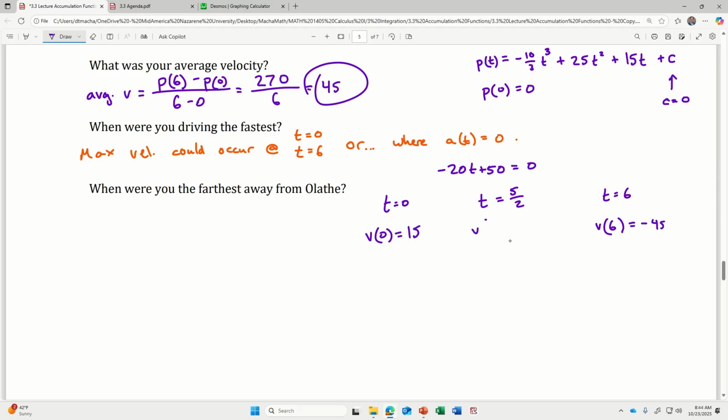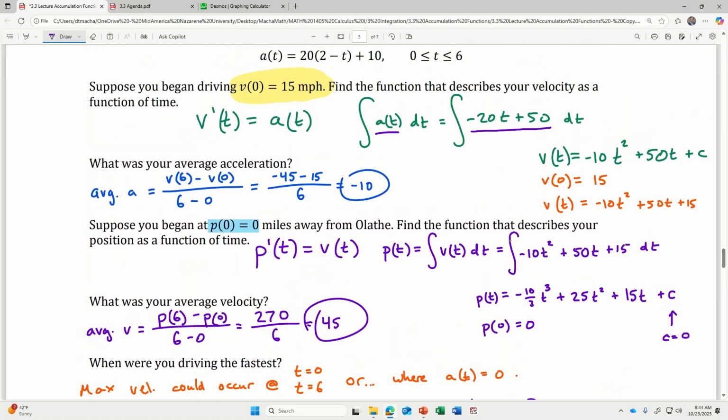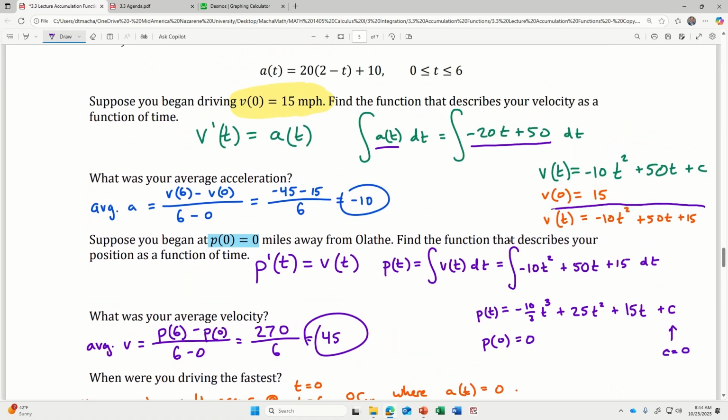Now, we need to find the velocity at t equals 5 halves, or t equals 2.5. And so that means I got to find my velocity function, this one right here. And this time I'm plugging in t equals 2.5. So it'll be negative 10 times 2.5 squared plus 50 times 2.5 plus 15. I got 77.5.